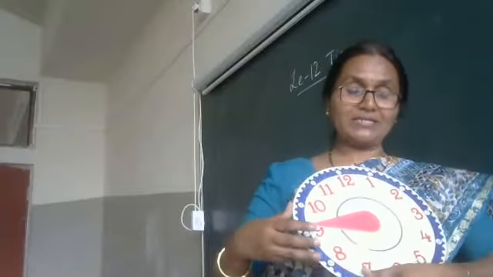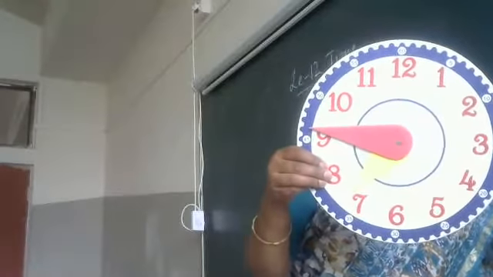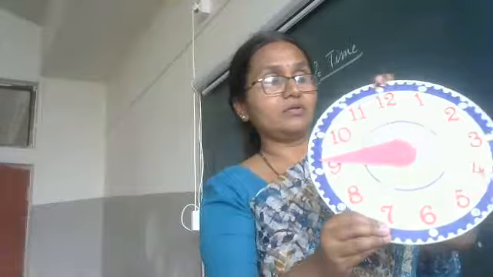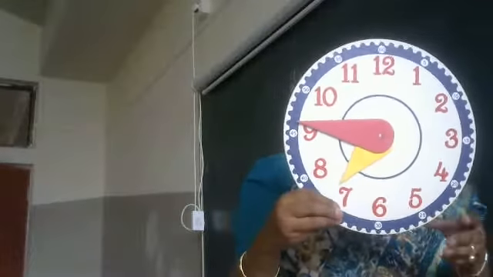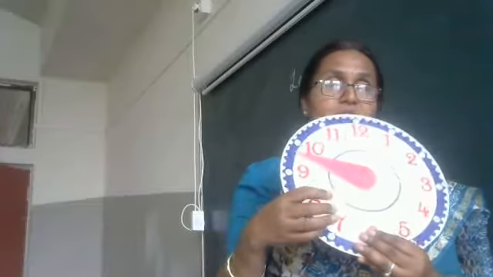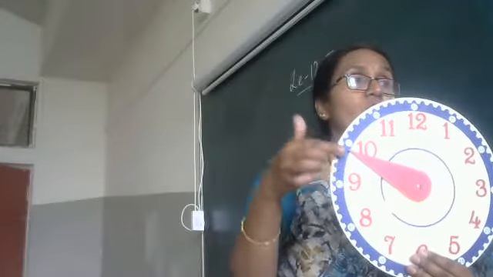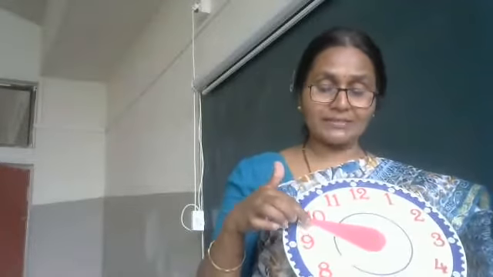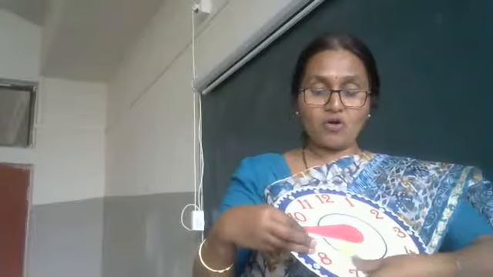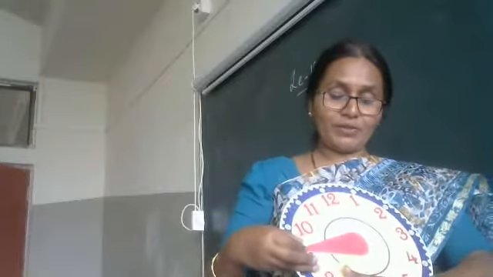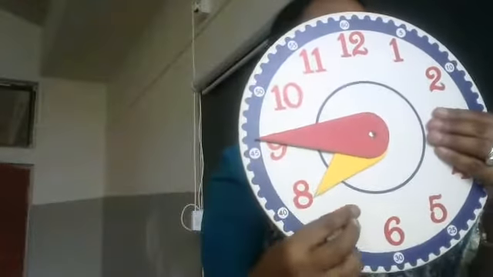I will show you. Now what is the time? Quarter to 7. Quarter to 8. Only quarter, yes. See, quarter to 8, it goes to the next hour, that is 8.